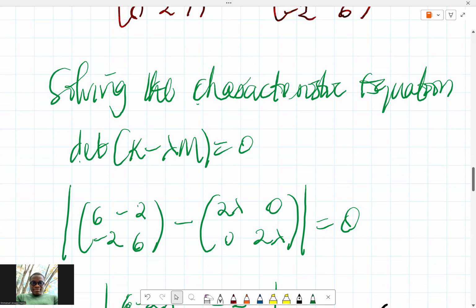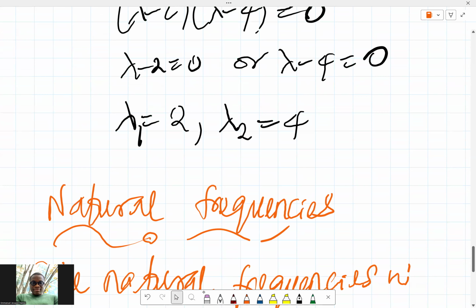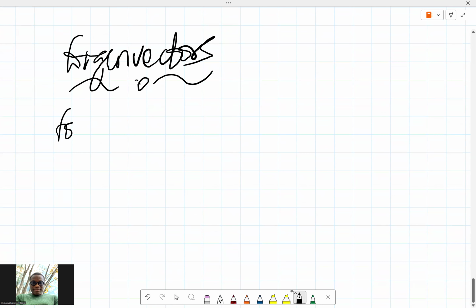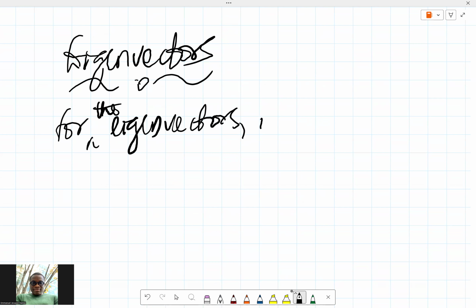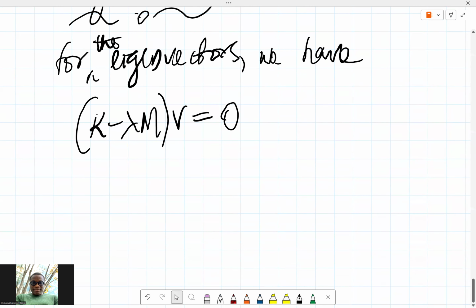Now we have k minus lambda m. So for the eigenvectors, we have k minus lambda m multiplied by the vectors equals 0, basically.